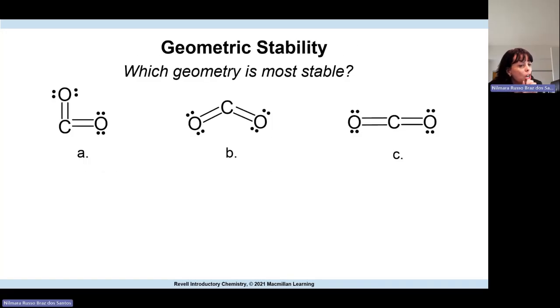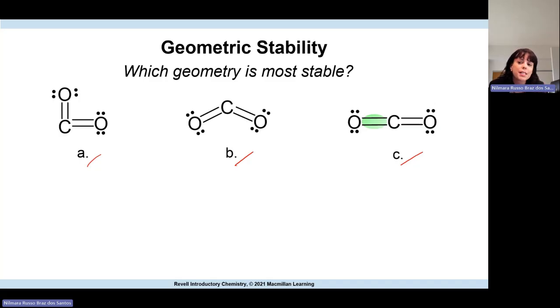Geometry stability. Which geometry is most stable over here, A, B, or C? Look at the distance that we have. First we need to consider the number of electron sets around the central atom.